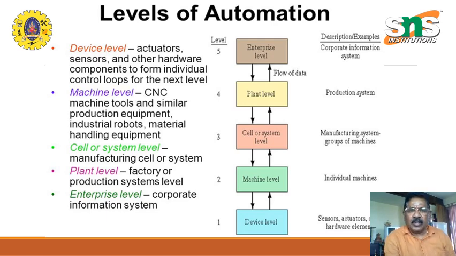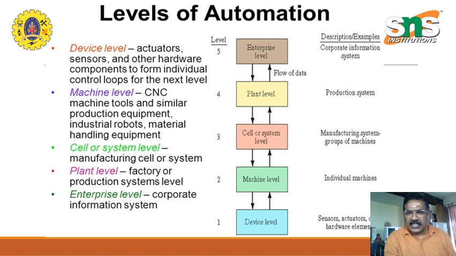At the next level you have machine level automation, like CNC machine tools and similar production equipment, industrial robots, material handling equipment, etc. Or you can have the larger ones, the manufacturing cell, or plant level automation, where the factories of the future, FMS, are all plant level systems, or the enterprise level, the corporate information system.